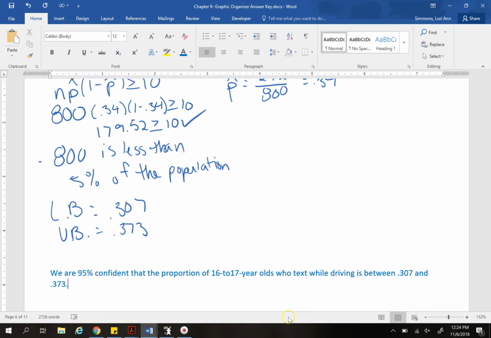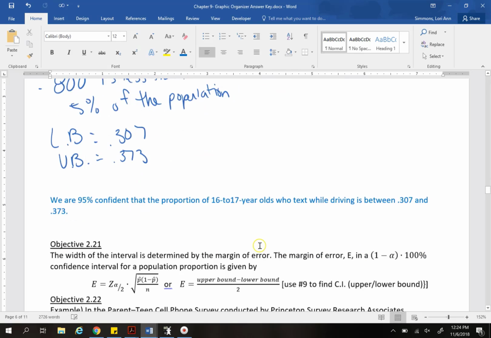Another way you could say this is we are 95% confident that the proportion of 16 to 17-year-olds who text while driving is between 30.7% and 37.3%.